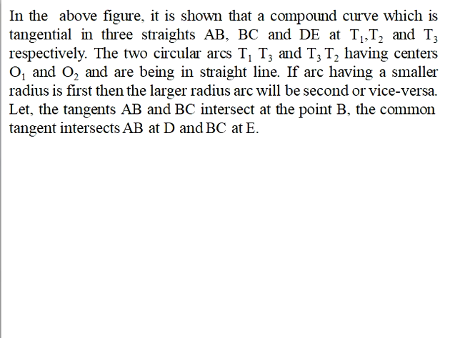This compound curve consists of two curves, one from T1 to T3 and second from T3 to T2, with centers O1 and O2 and deflection angles delta 1 and delta 2 respectively. In the compound curve, it is not necessary that the first curve must be of small radius itself.